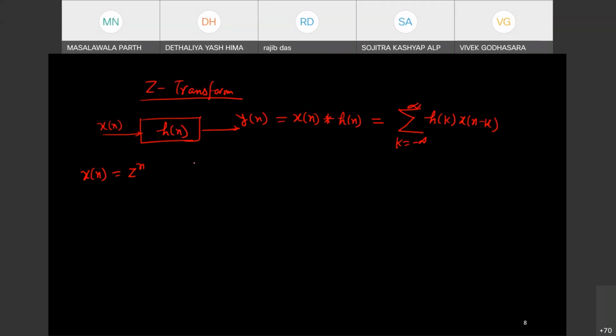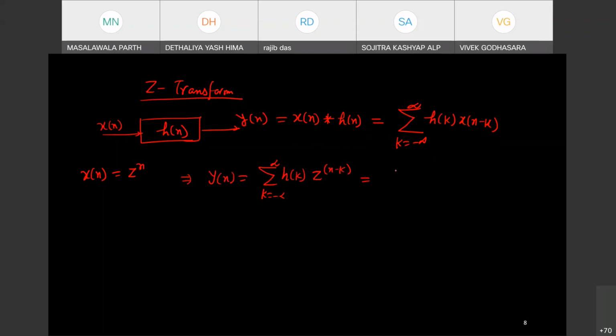Okay, so what is the corresponding output? This y of n is the summation of h of k times z to the power n minus k, where k equals minus infinity to infinity.